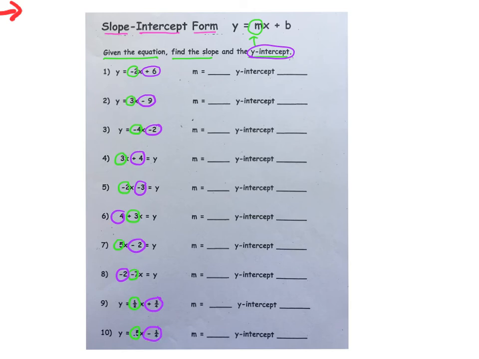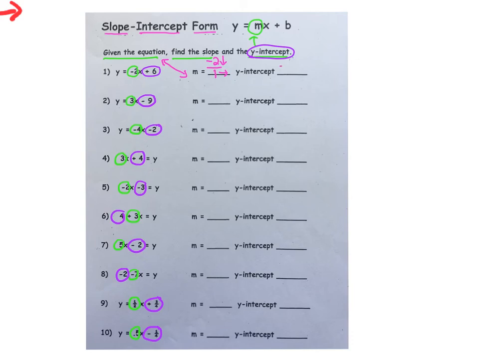Now we're ready to answer some questions. In number 1, the slope, and let's write it as a ratio, is negative 2 over 1, which means down 2 to the right 1. If we were to graph this line, it would have a downward pitch.